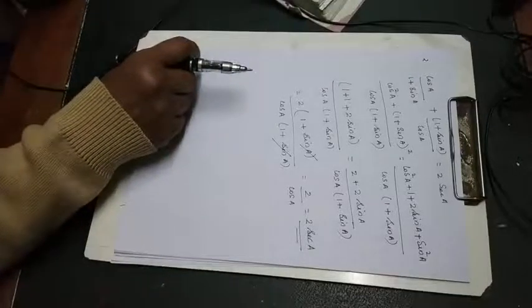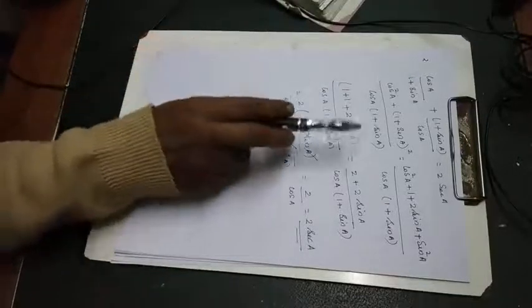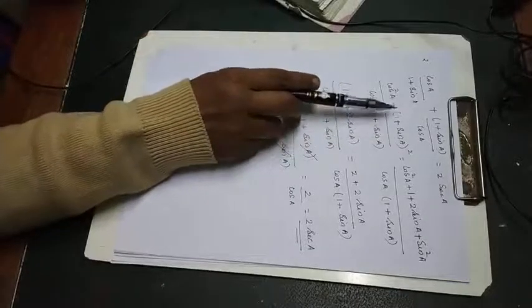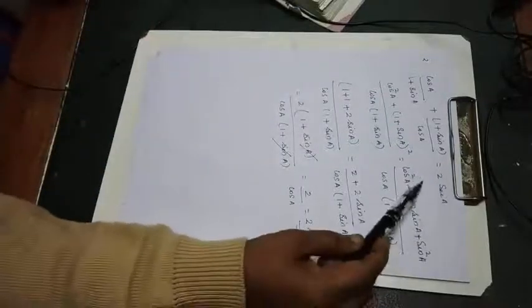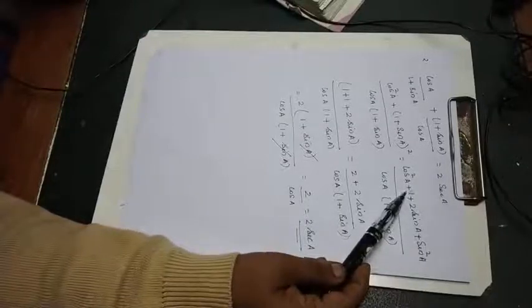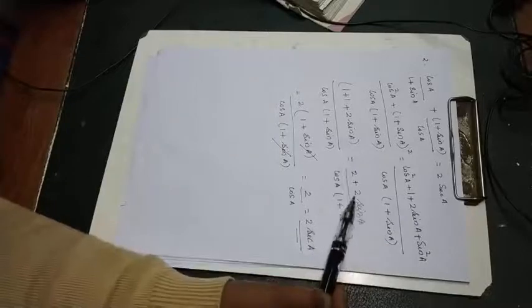So how did we do it? Just took LCM, then expanded this one in terms of A plus B the whole square, and took this one A square plus sin square plus cos square, that is equal to 1, added that one to this one, then took 2 outside, cancelled, remaining we arranged.